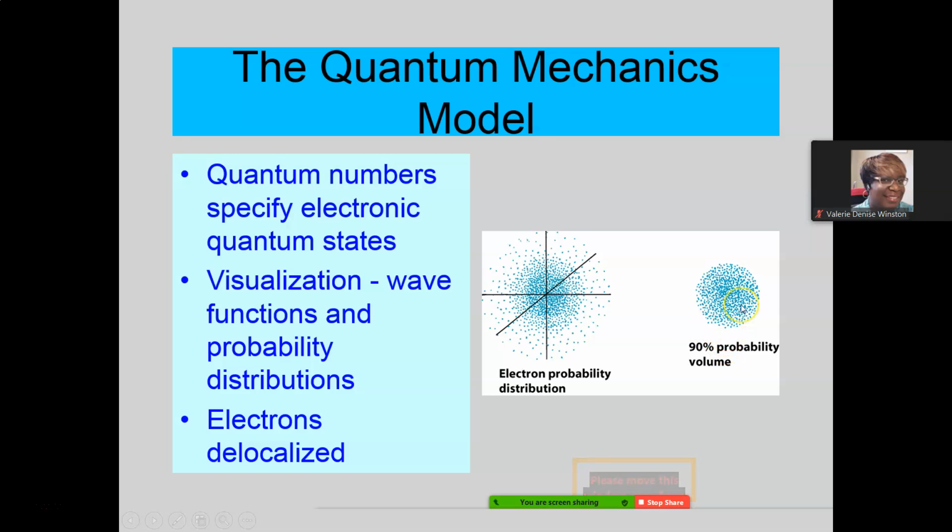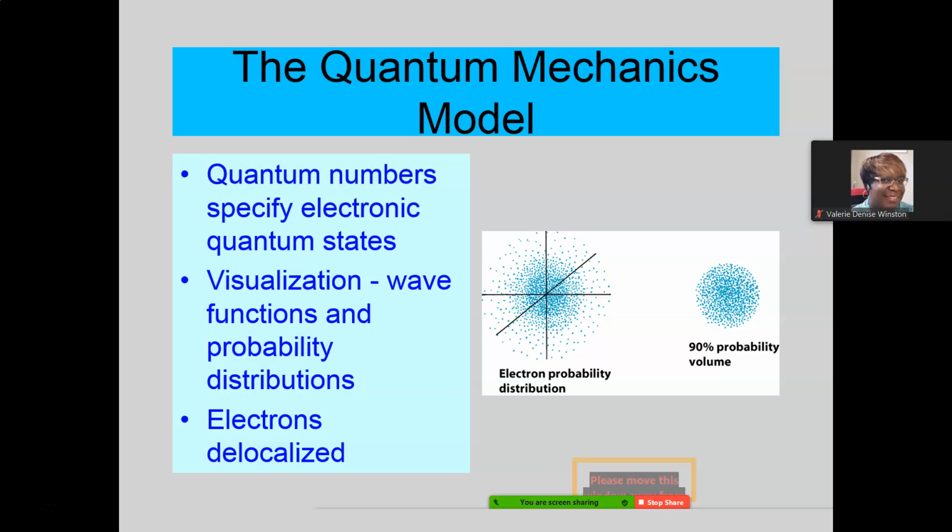This would be approximately your 90% probability volume, pretty much inside this imaginary circle there, okay? That would be 90% of the possible locations for that electron. They're delocalized, they're somewhere in there. You got a 90% chance of it being there. 10% chance it's somewhere outside there. Usually we don't deal with that, okay?